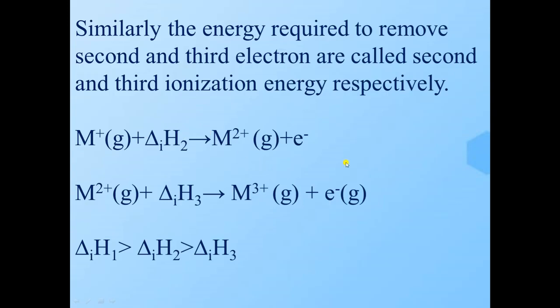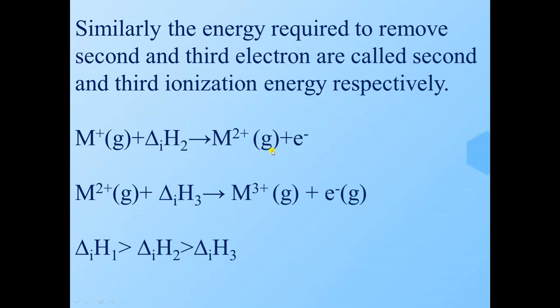You will represent it this way: M positive, there is already a deficiency of one electron. Now we will remove one more electron, and this is the amount of energy required to remove the second electron. Then M positive will become M2 positive, and this is the electron which is lost by M positive.